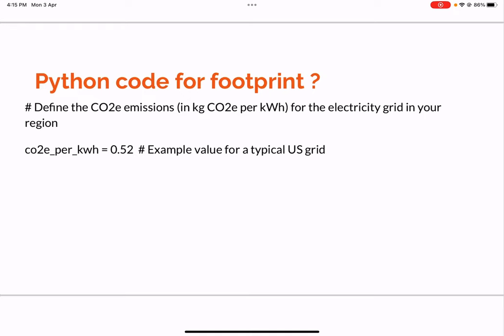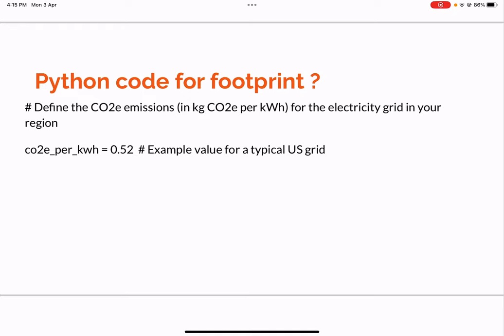And when I define that, and if I have the data on the energy used, then the carbon footprint can be easily calculated. So I am now writing a simple code in Python for calculation of carbon footprint from the electricity use.